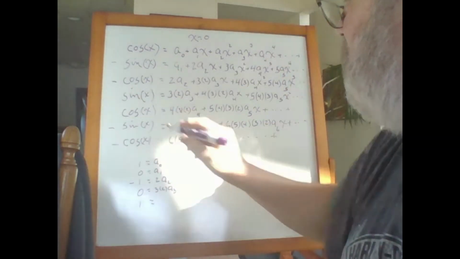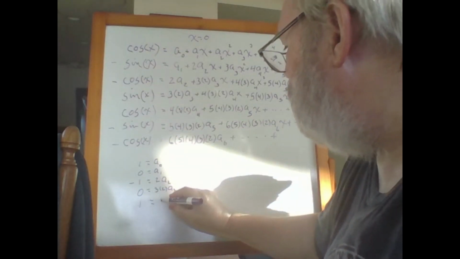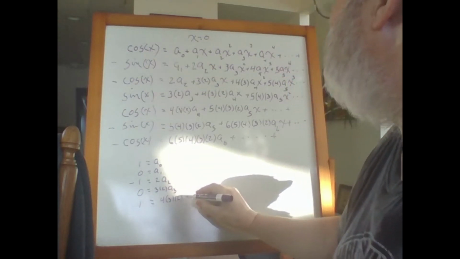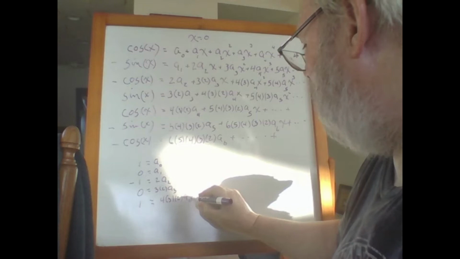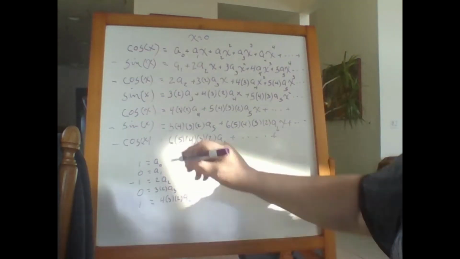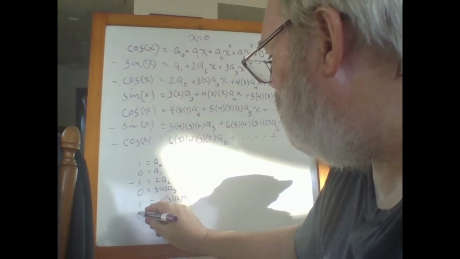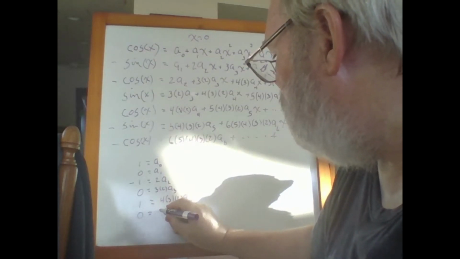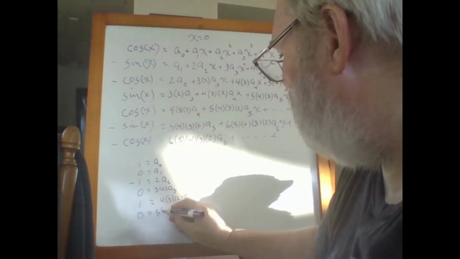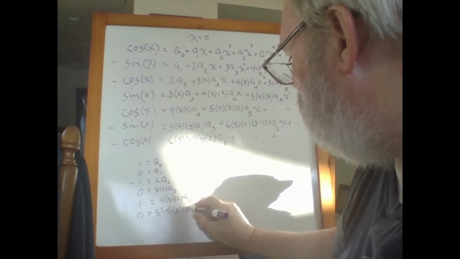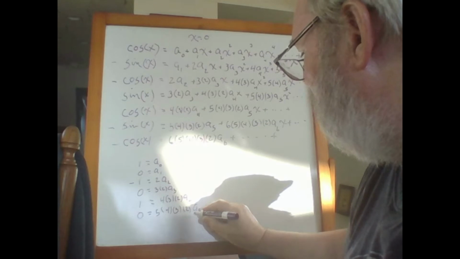And we have 1. Cosine of 0 is 1 equals 4 times 3 times 2 a4. Okay, 0 again. And we got a minus 1. So a5 is 0. 5 is 4 times 3 times 2 a5.